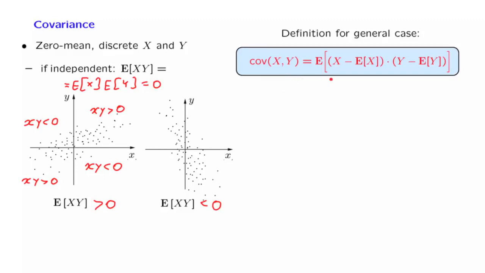What we have here is that we look at the deviation of x from its mean value and the deviation of y from its mean value, and we're asking whether these two deviations tend to have the same sign or not, whether they move in the same direction or not.